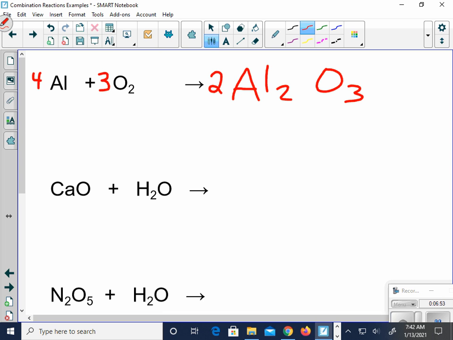My second one there, calcium oxide plus water. Well, I know that there are 2 of my synthesis reactions that deal specifically with water. It's synthesis number 2 and synthesis number 3. So I have to decide which one this is. Is this a nonmetal oxide with water?